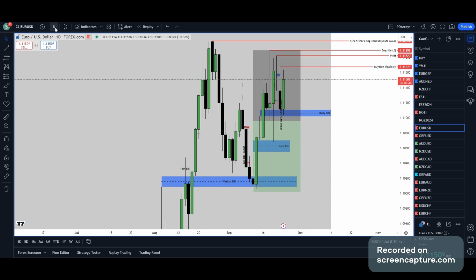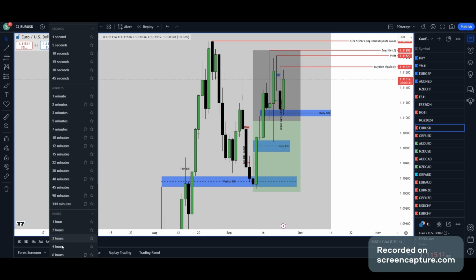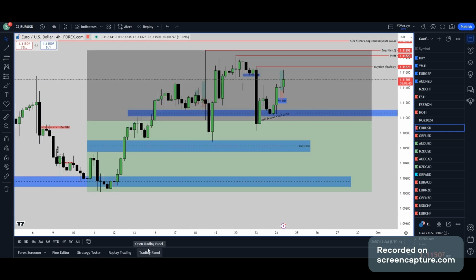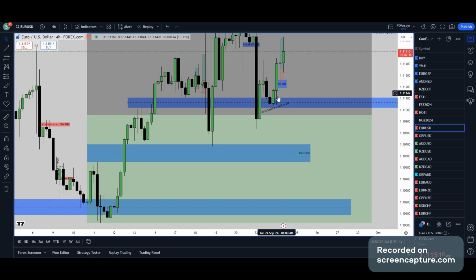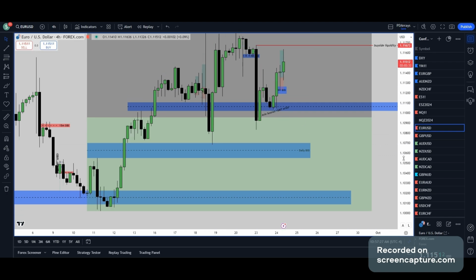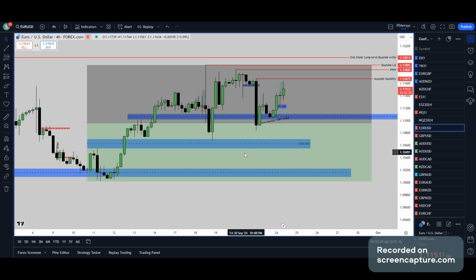So now I'll drop down to my next time frame, which is a 4 hour. The 4 hour time frame is not quite as pertinent as the daily, the weekly, and the 1 hour for framing my trade setup.